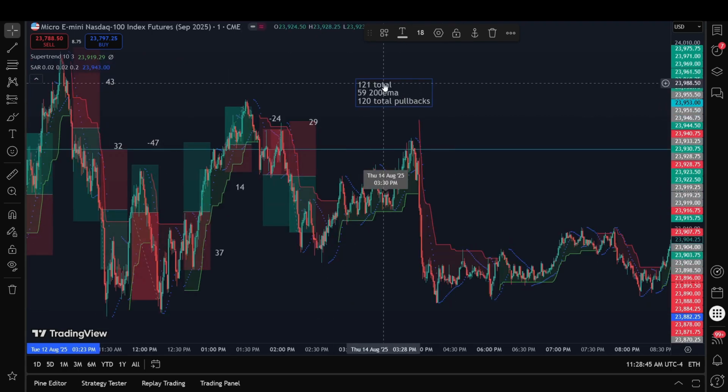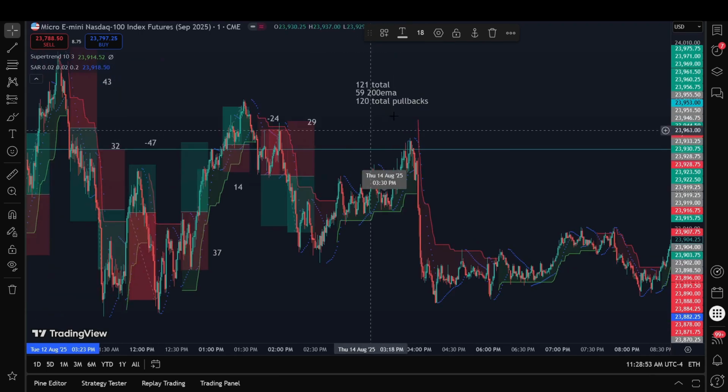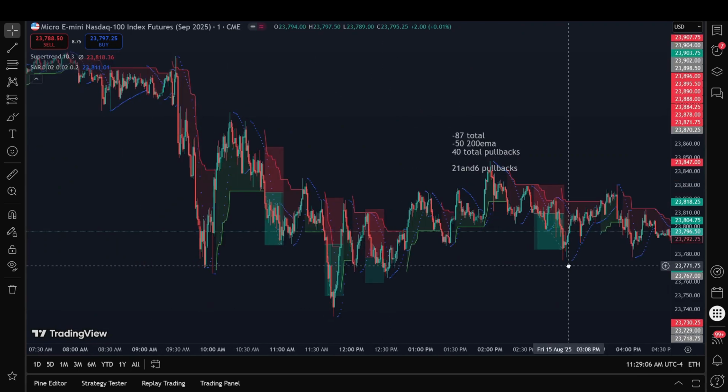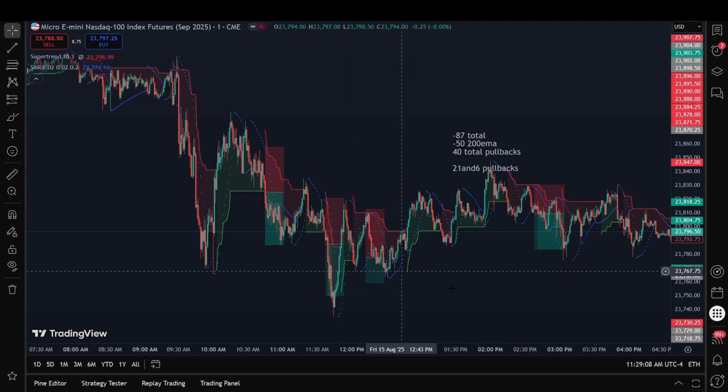Thursday, we got 121 total points on that first test, went down to 59, but then way back up, total pullbacks again. So there's been a few days where the 200 EMA wins, and then a couple of days of the pullback wins. Let's see what Friday gives us. I think Friday gave us more trades now because we got rid of those big trades, so we added some.